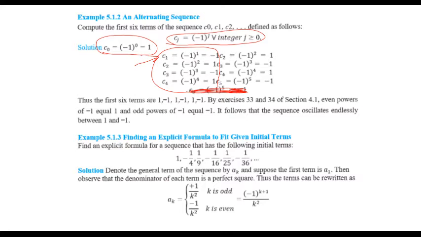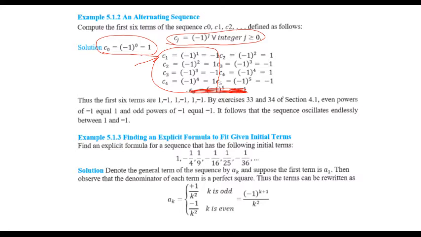C2 is -1 to power 2, which becomes positive, so C sub 2 is positive 1. C3 is -1 to power 3. Again, it becomes negative because if you multiply -1 3 times to itself, the result becomes negative.